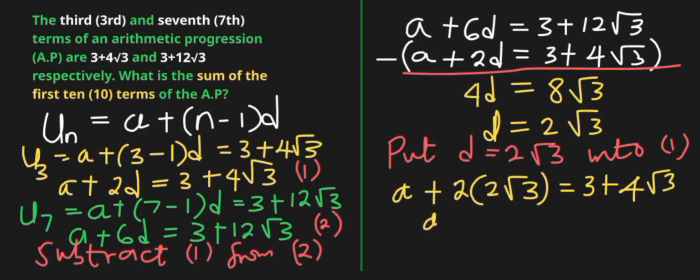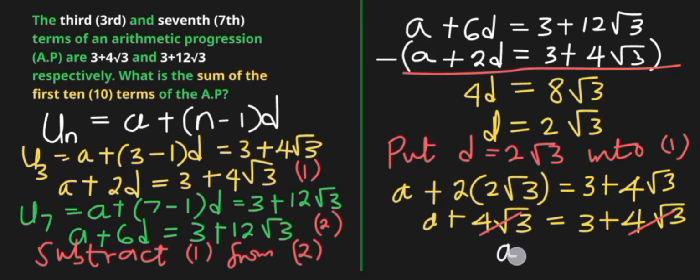That's a plus 4 root 3 for 2 times 2 on the left is equal to 3 plus 4 root 3 on the right. With 4 root 3 on both sides of this equation, we can safely say that a, the first term of the sequence, is 3.